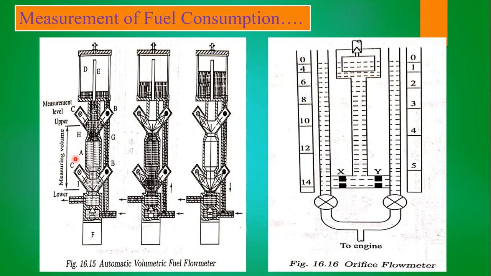Different capacity devices are available, so we can take a 100 cc, 200 cc, 300 cc or 400 cc measuring volume, depending upon the quantity of fuel we need, and that much volume of fuel will be between the measuring volume. That is what we need to know first.